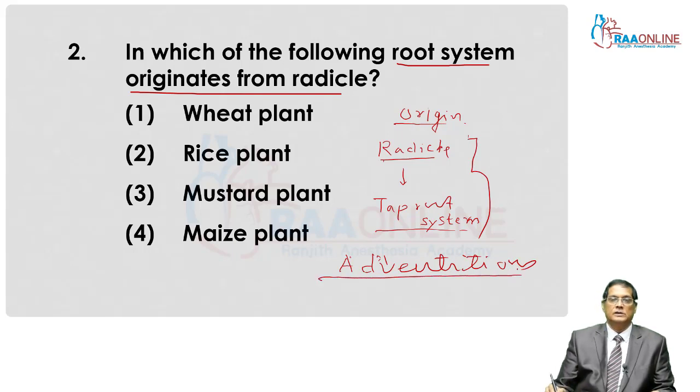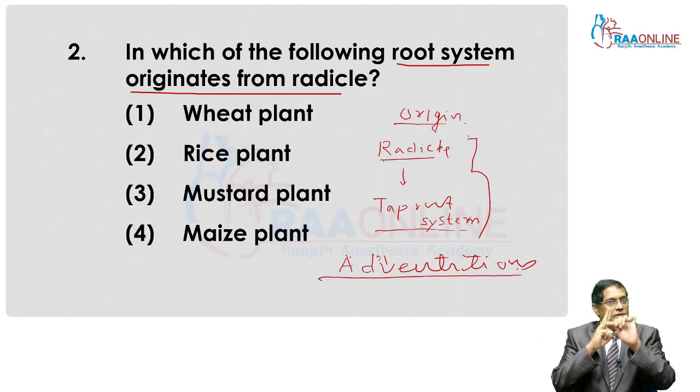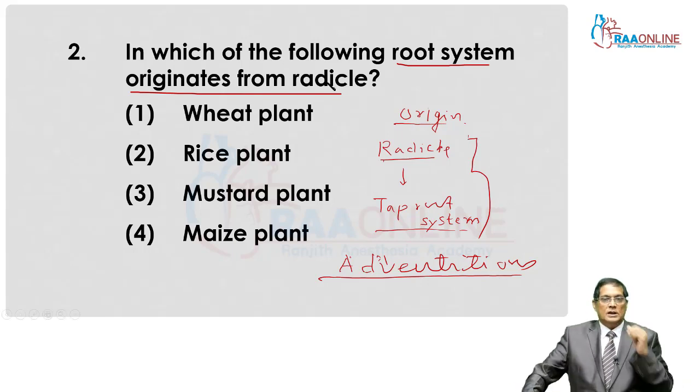So there are two types of roots on the basis of origin. If from the radicle, taproot system. If from any other part of the plant except the radicle, then adventitious root system. Let's discuss the options.